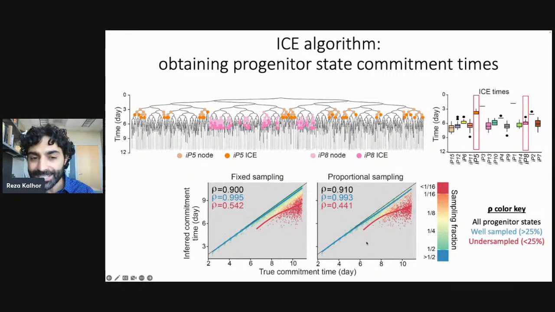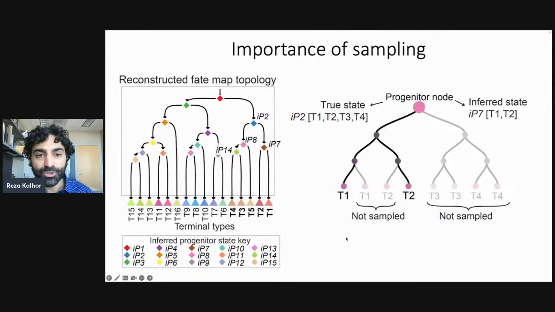To understand why the sampling matters, I have shown you this example. Again, this is the topology of the example tree we have been using. But let's say this was a progenitor node that actually was an IP2. So it was capable of T1, 2, 3, and 4, as well as 5, which is missing here.